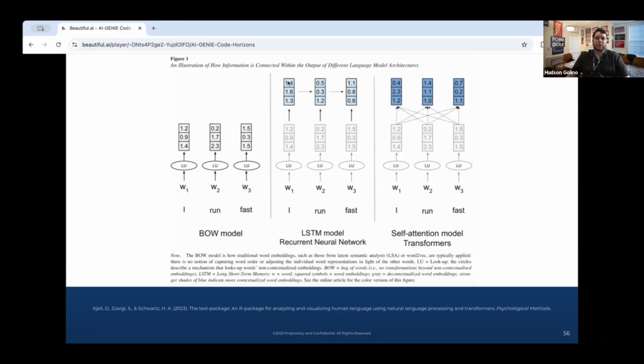So here we have I run fast, because the embeddings generated by the recurrent neural network carry information about the three words I, run, and fast.